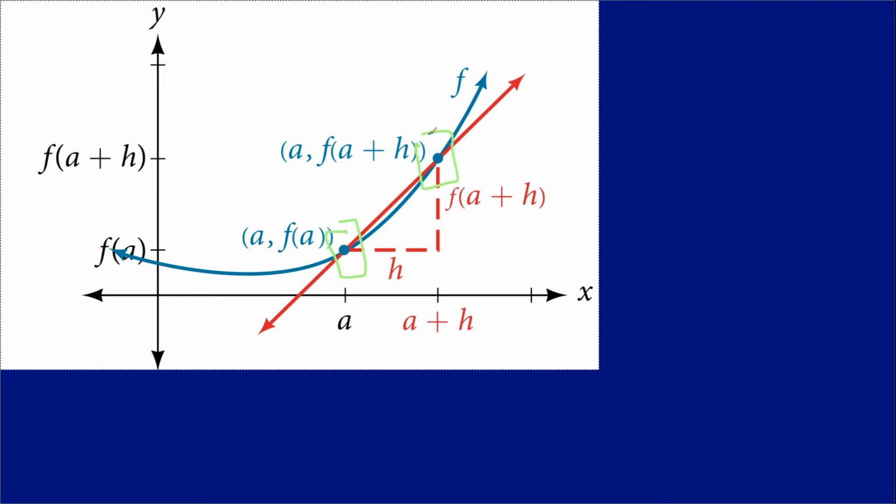The distance between these two points we can use to calculate the average rate of change from point A to point A plus H. This is setting the foundation for understanding what derivatives are, trying to understand the rate of change over time. You start with tangents, which is like an instantaneous point, and now we're moving to change over time.